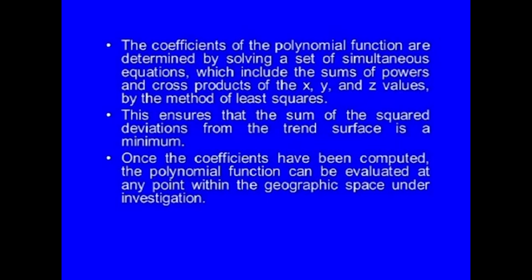This ensures that the sum of the squared deviations from the trend surface is a minimum. Once the coefficients have been computed, the polynomial functions can be evaluated at any point within the geographic space under investigation.